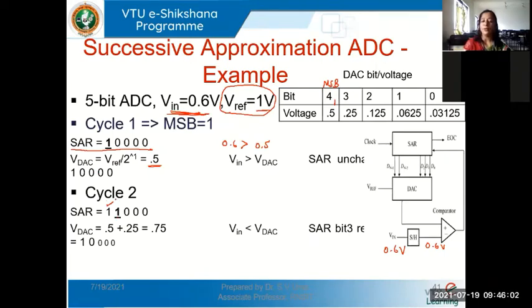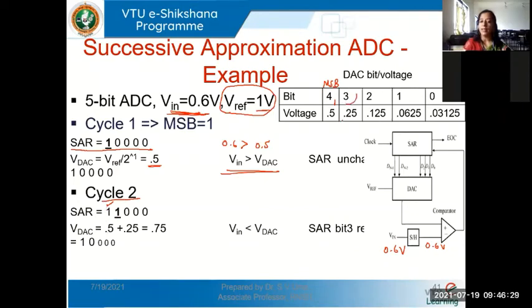See, in cycle 2 now, we have made the second bit after the MSB high and we have retained the MSB bit as 1. That was because the input voltage turned out to be higher than the DAC output voltage. Now what would be the converted voltage corresponding to these two bits being high? If the MSB is high, it is 0.5.